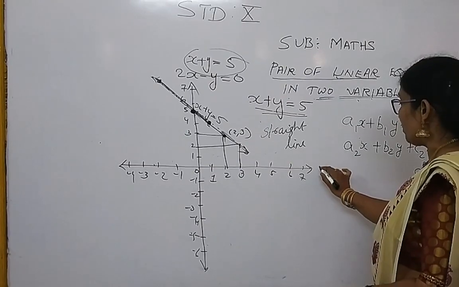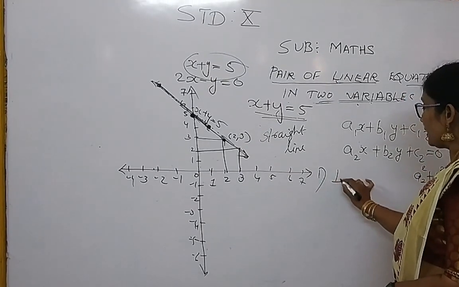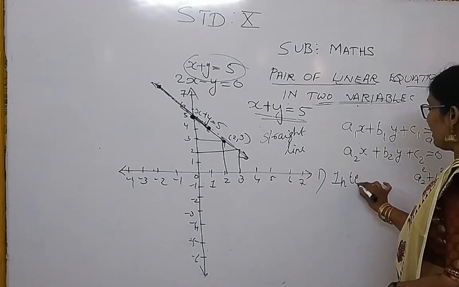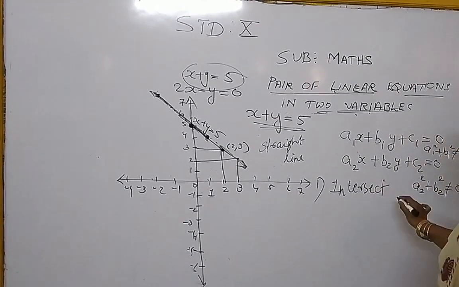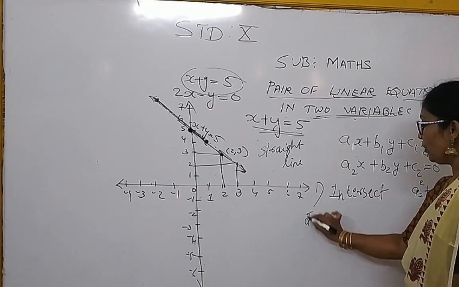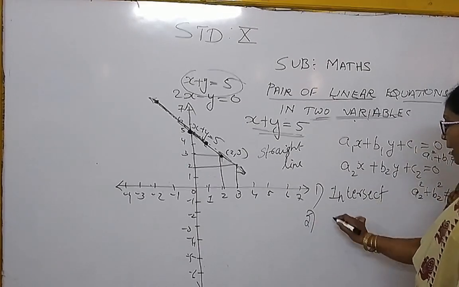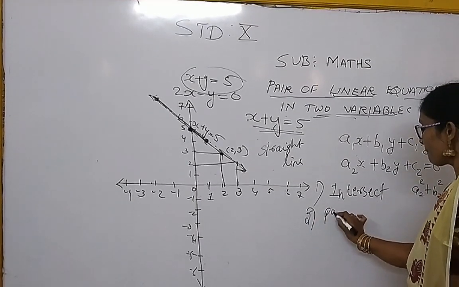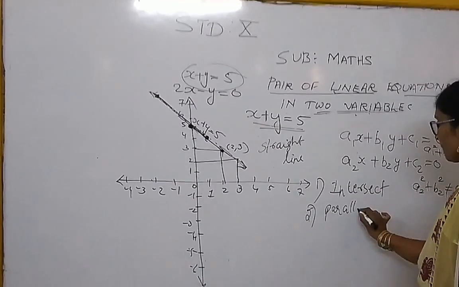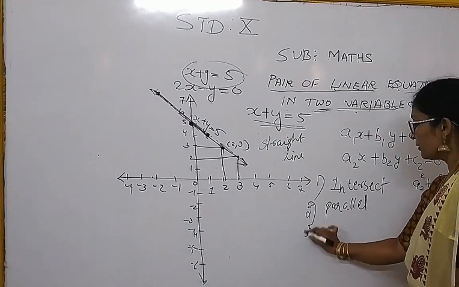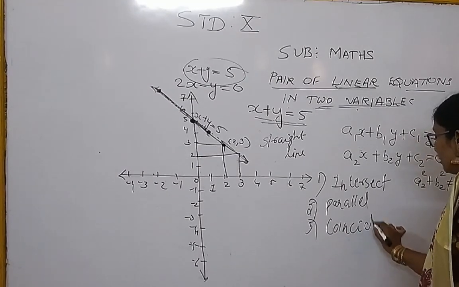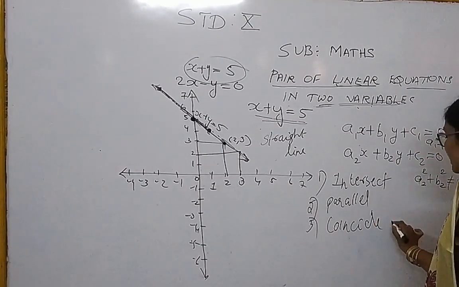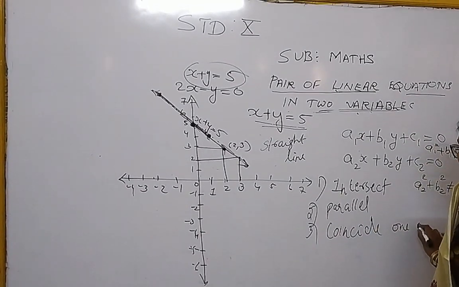Which are the possibilities? First, they may intersect at one point. Second, they may be parallel. Or third, they may coincide, one over the other.